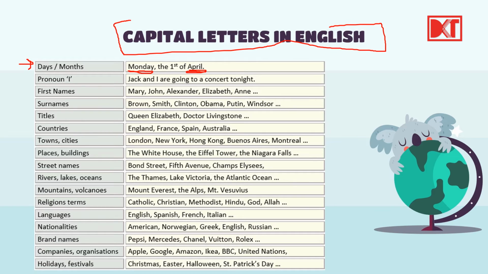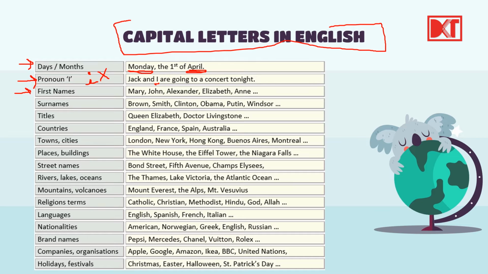Then whenever the pronoun I is used, it is never a small i, only a capital I. We don't write it like this; this is incorrect. We write it in capital form. For example, Jack and I are going to a concert tonight.